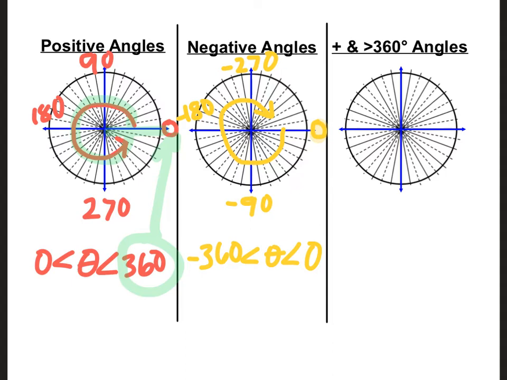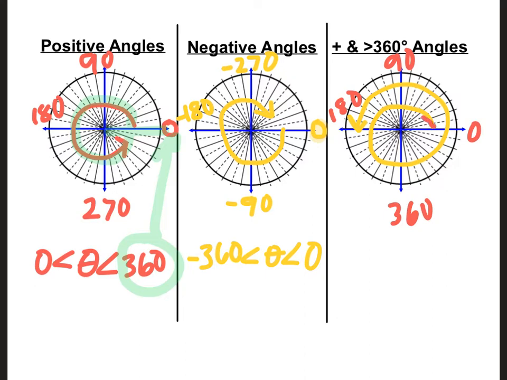My last one is going to be things that are bigger than 360. For these ones, they'll generally be like a circle that overlaps somehow, so it kind of goes past your normal point. Again, the way I drew it, I still had 0, 90, 180, and 270.